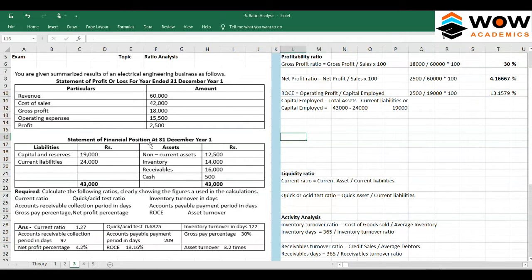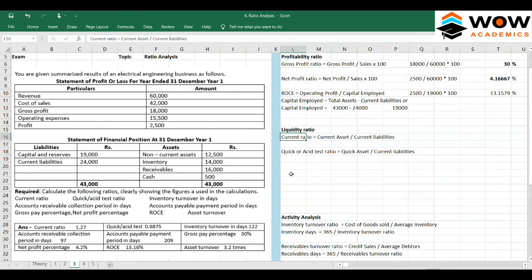So the next one to compute is current ratio and quick ratio. So we'll start with that. So for current ratio, we need the current assets. So current assets are these three numbers.